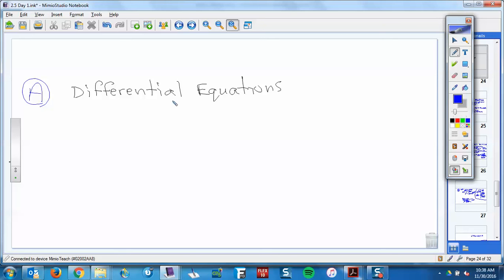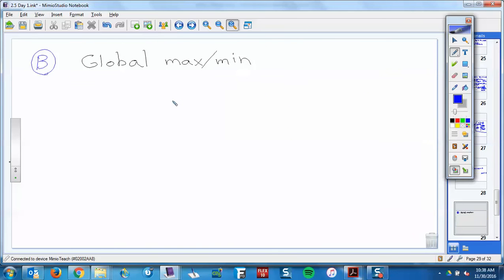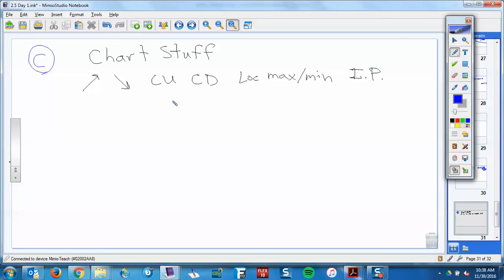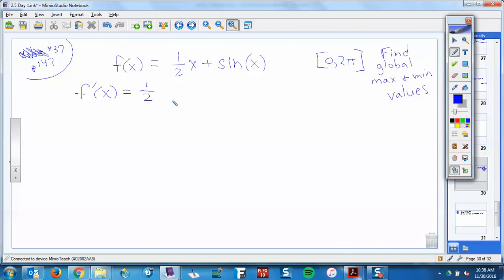Now, when you verify, like that T-chart, you're going to have to be able to do a derivative, right? So there's that connection, right? But that's something totally separate. Finding the global max min, the chart kind of stuff, that's separate, right? So that's 2.6, 2.7 sections doing that kind of stuff. Differential equation is a different scenario, okay? All right. Related, but this isn't a differential equation.